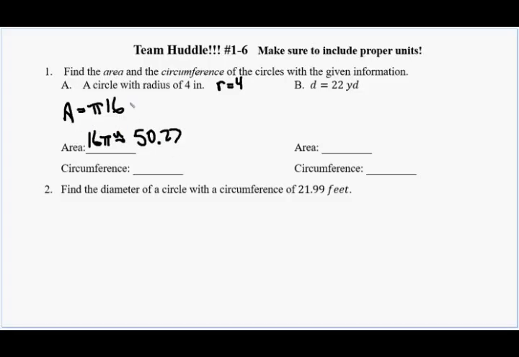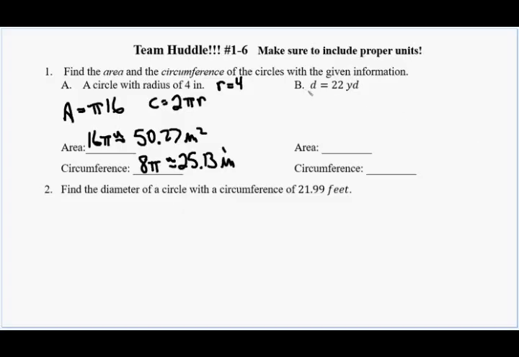And that would be in inches squared. Our circumference is just 2 times pi times r. So that'll be 2 times 4, or 8 pi, is our circumference, which is about 25.13, and that would be in inches.